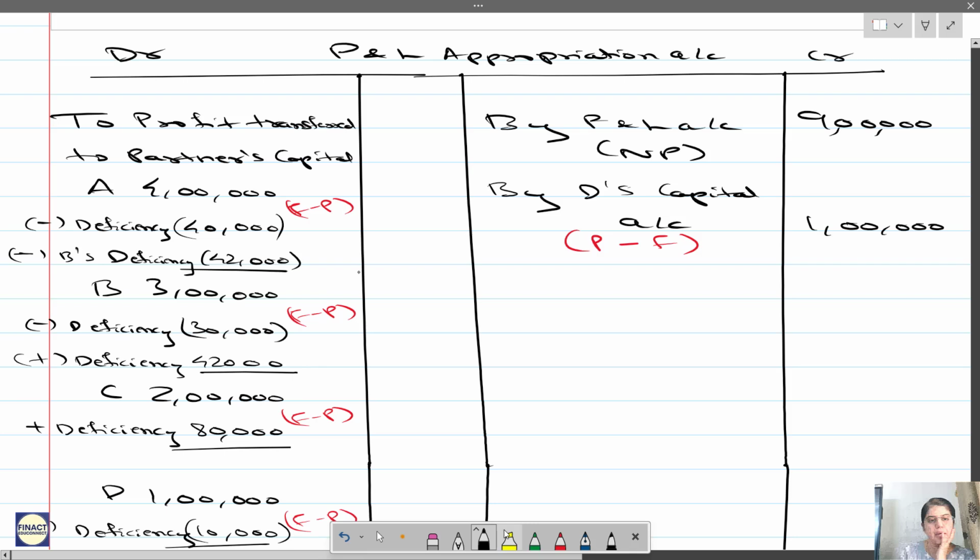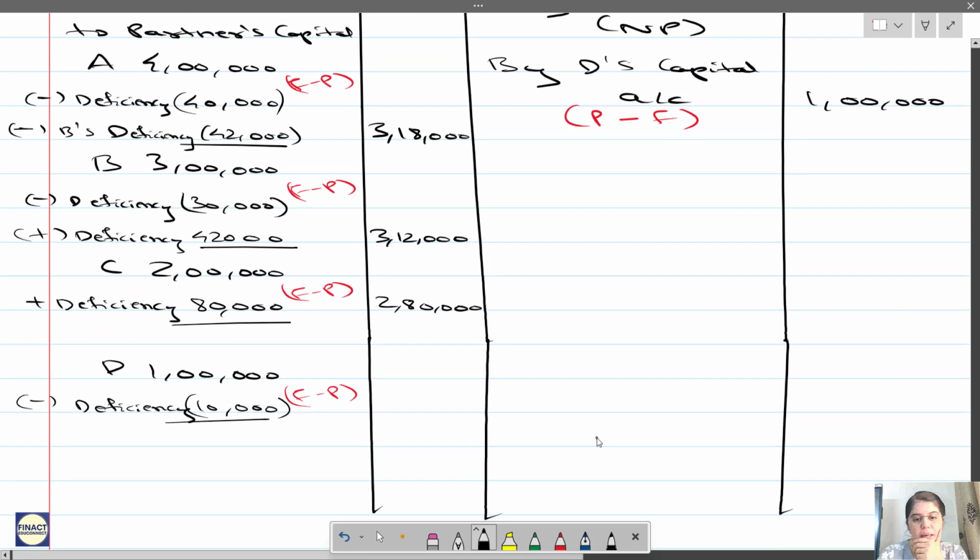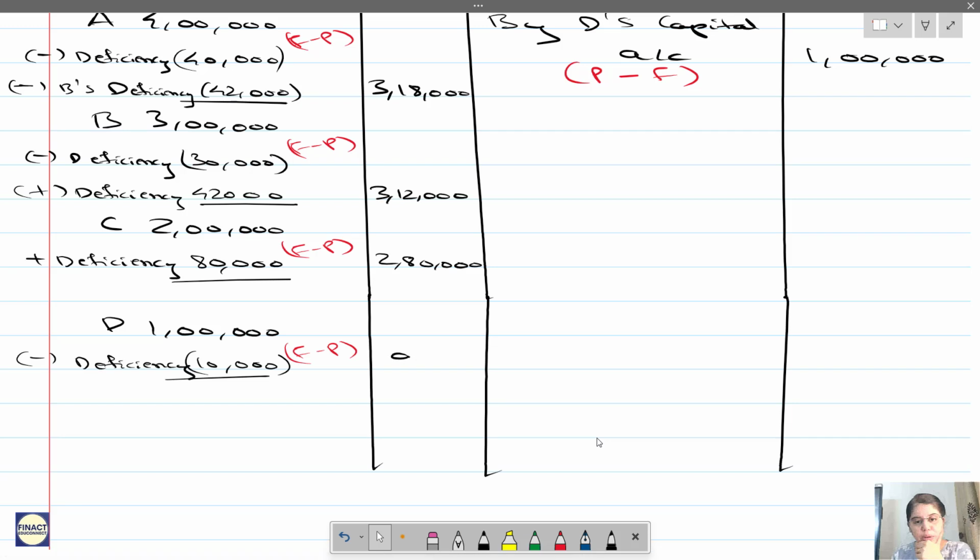So that will be 3,18,000. Then this will be 3 lakh minus 30,000, so 2,70,000 plus 42,000. So this will be 3,12,000. Then here C, it will be 2,80,000 and D will be 90,000. So if you total this, you will get 10 lakhs.